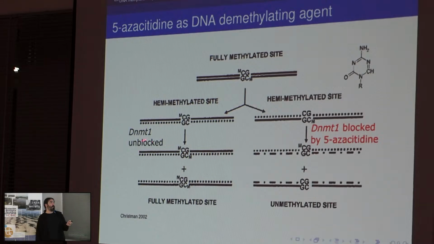It works for DNA methyltransferases that recognize CG context. However, CHG and CHH contexts in plants are recognized by other DNA methyltransferases, and azacitidine doesn't seem to affect them at all. So at least we have this DNA methyltransferase 1 blocker.